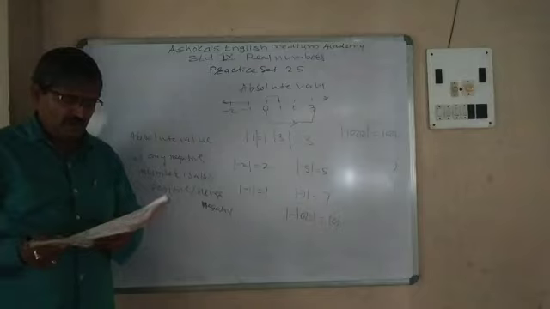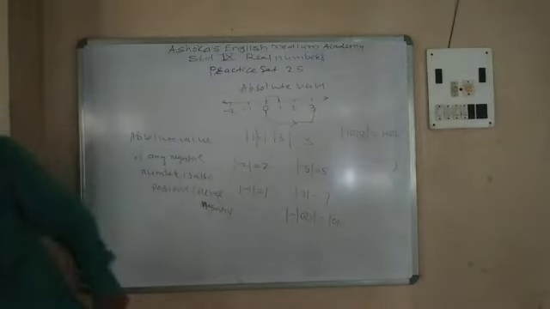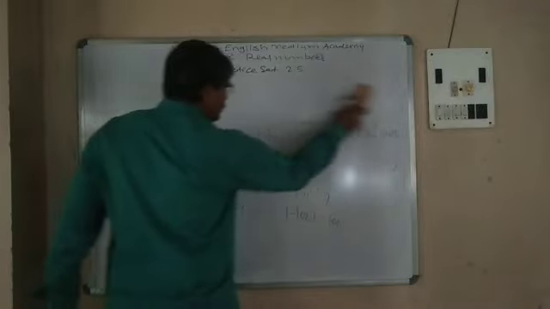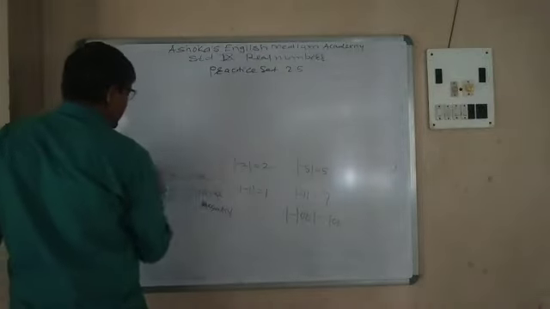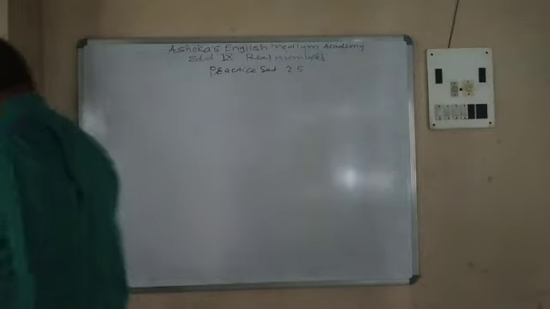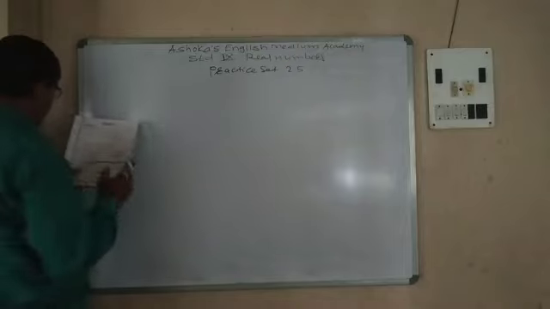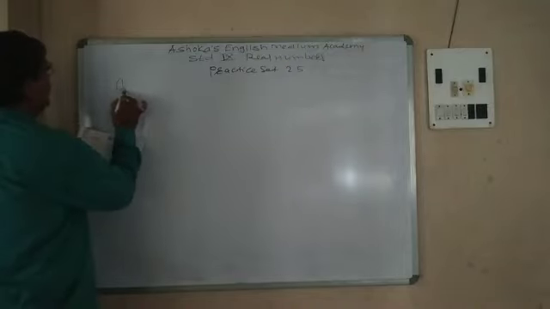Do you understand? Now we are going to see practice set 2.5. So simple. This exercise is very small, and there onwards there is a practice problem set. So we will enter into 2.5. Question number 1 is given to you.